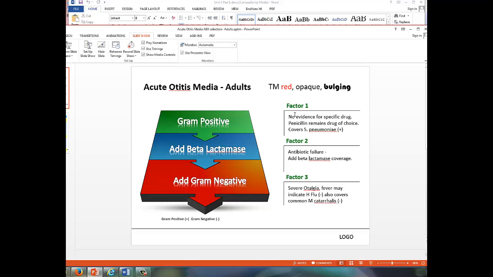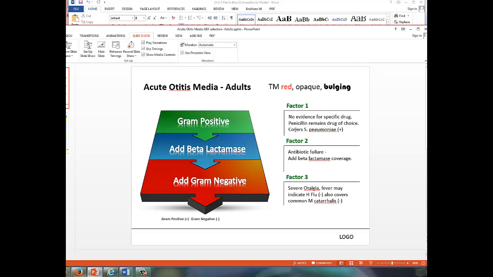So the first step is treating gram positive. We know that the major organisms responsible for acute otitis media include gram negative, but there's no evidence to start with treating gram negative.